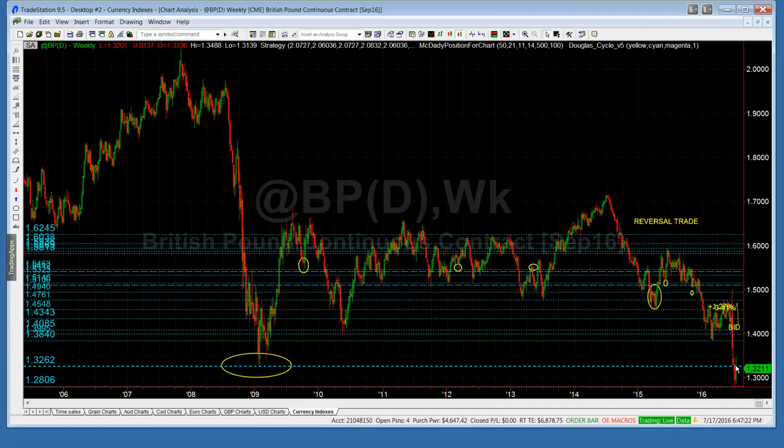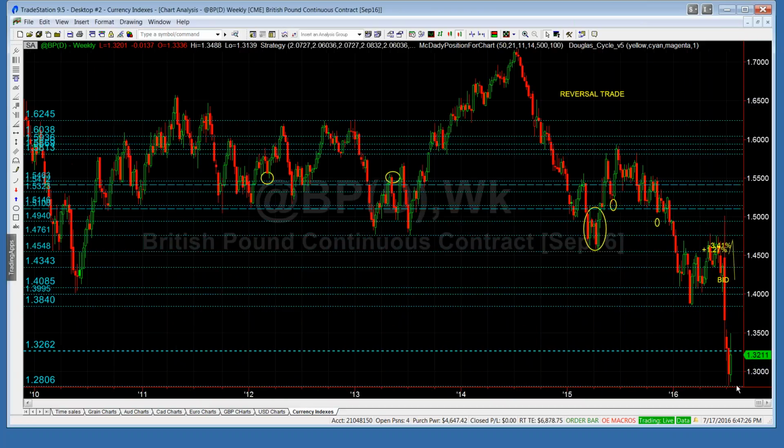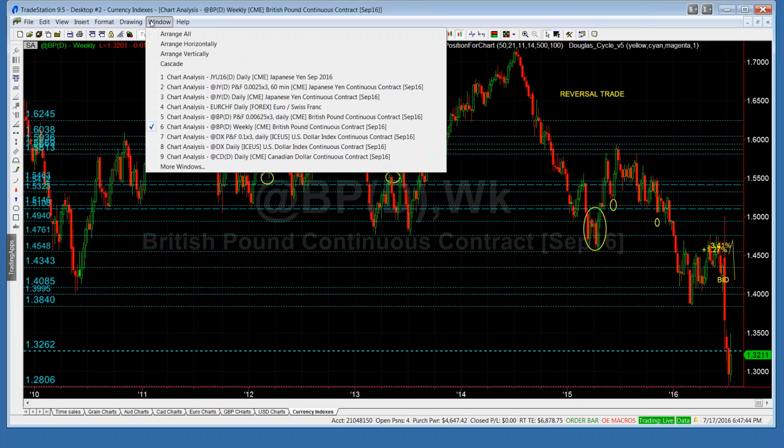We broke below it, and for the last 2 weeks we could not close above the 132.62. So we want to be short the pound across the board, and our stop is going to be above the 132.62. So we're definitely short the pound.